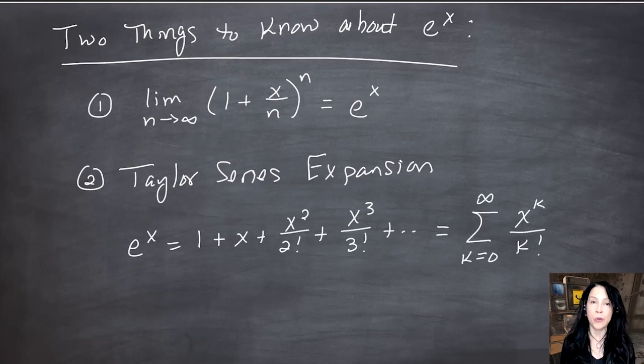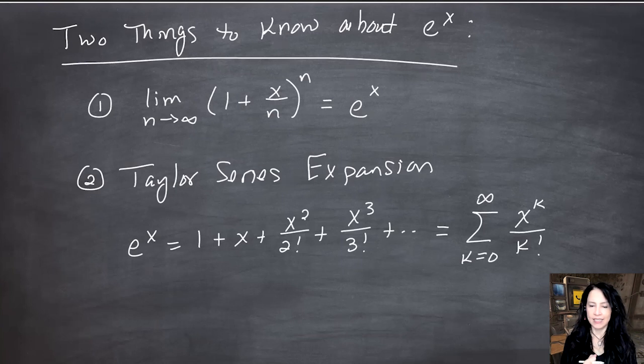And that power series there will converge for all x. We don't need like an x between 0 and 1. So maybe it's been a while for some of you, but yeah, those are things from calculus.